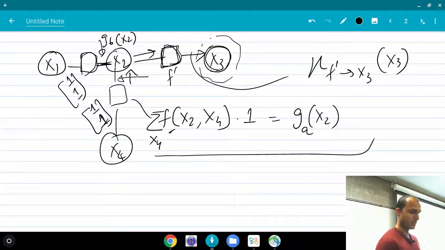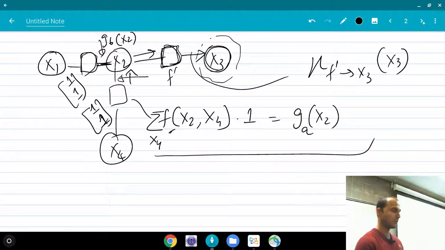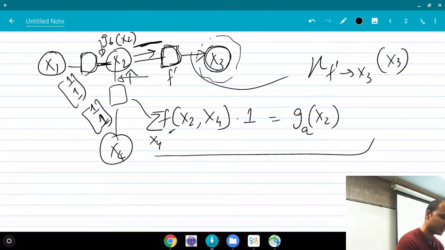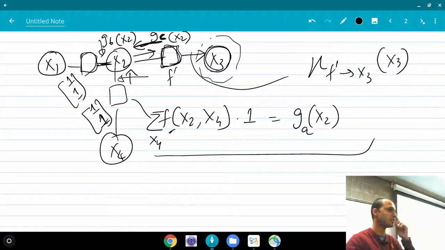It's very similar to GA. It's basically that function f prime summed over x3, and you'll get some message. Let's call it GC of x2, because it's a message to x2, so it has to be a function of x2.